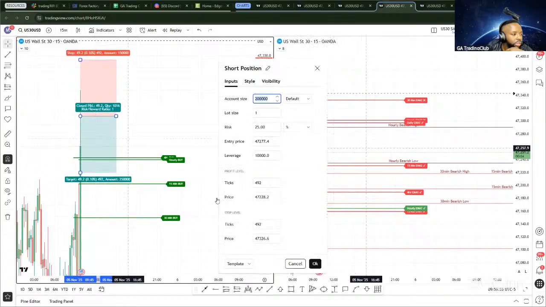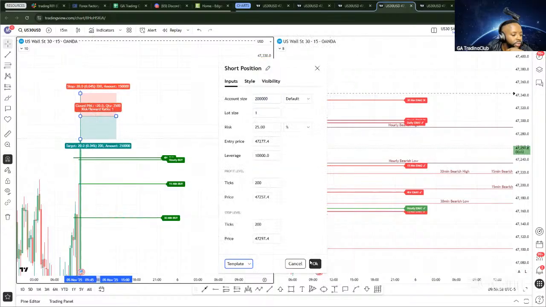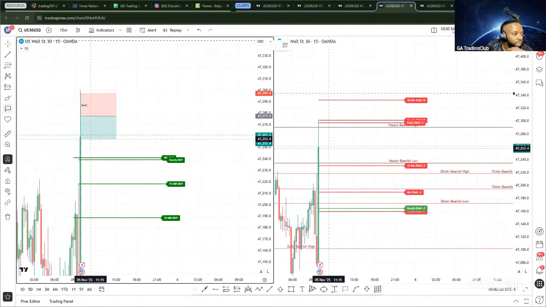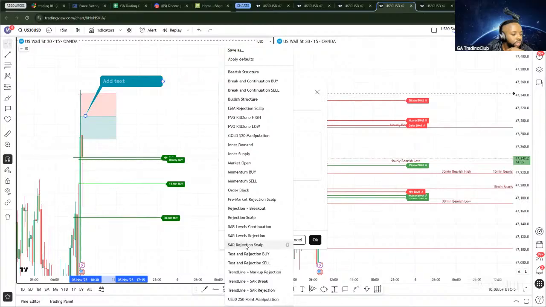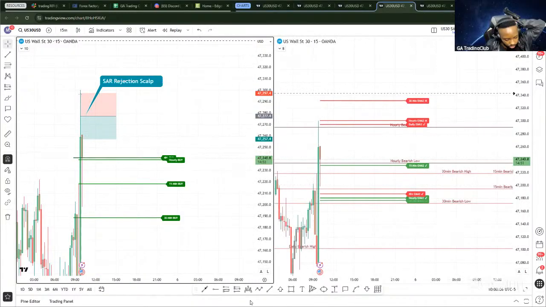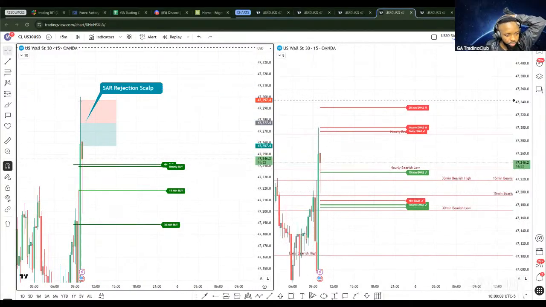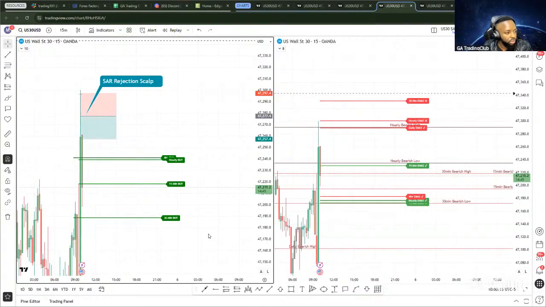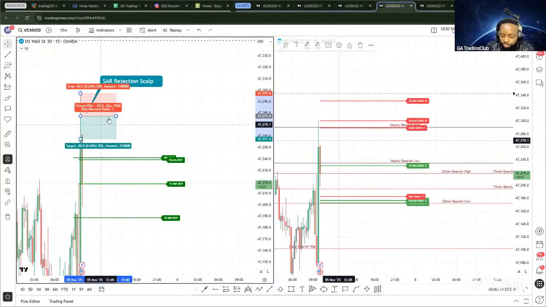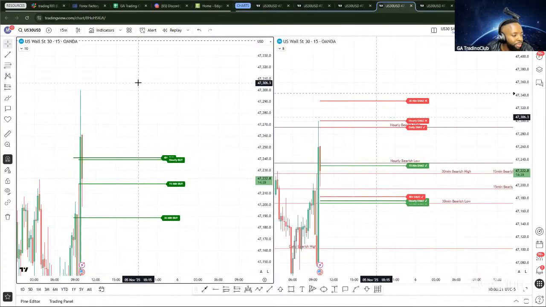So the entry was, let's see, our rejection scalp. All right, so two back-to-back wins for today for the manual entries.